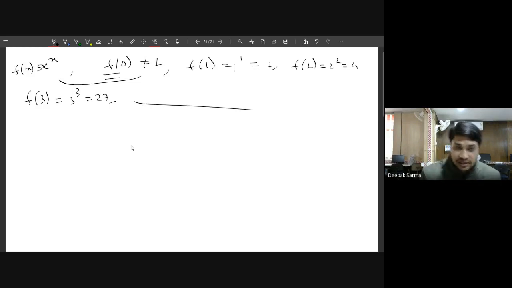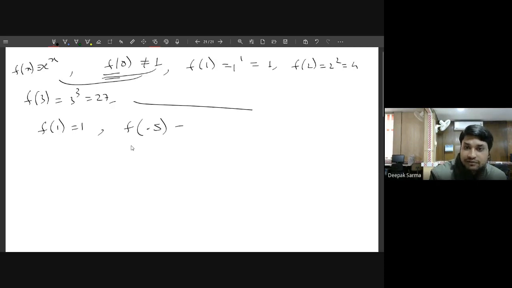Now we choose some other number. That is why should I go 3, 4, 5 this way? Let us come towards 0. Okay, I tried f of 1. Now try suppose f of half or maybe 0.5. What is the value? 0.5 to the power 0.5. Then suppose f of 0.25, it is 0.25 to the power 0.25.